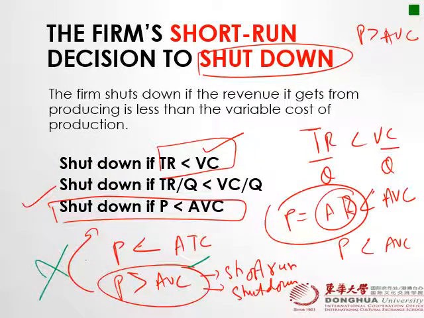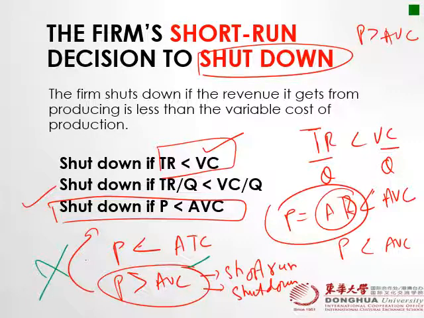In the short run, the firm goes for shutdown if the price is less than average variable cost, or if total revenue is less than its variable cost. We already know that there are two things: total revenue and total cost.